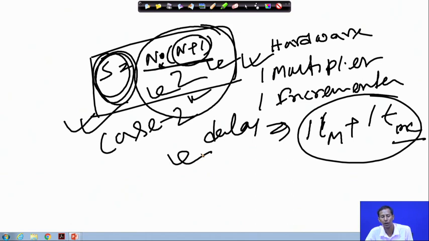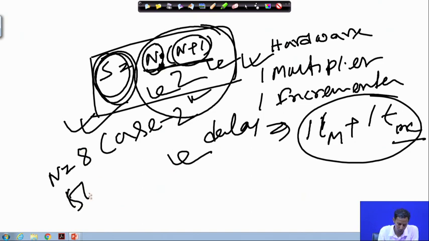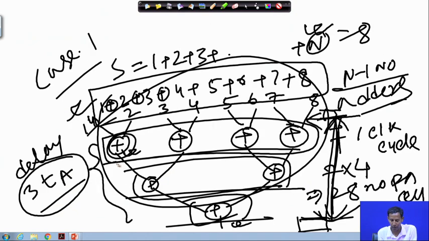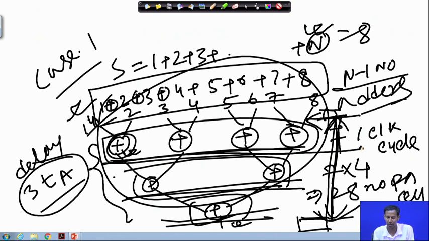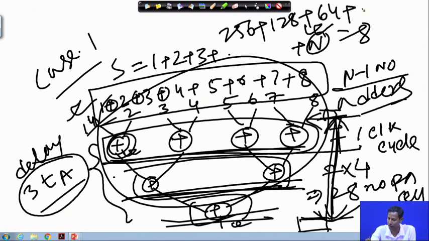Where can I use it? When the n value is very large. In the previous case I set n to 8. If n is, let us say, 512, then designing this particular architecture will become too complex. At this stage I need 256 adders, then 128 adders, then 64 adders, then 32 adders, then 16 adders, something like this.